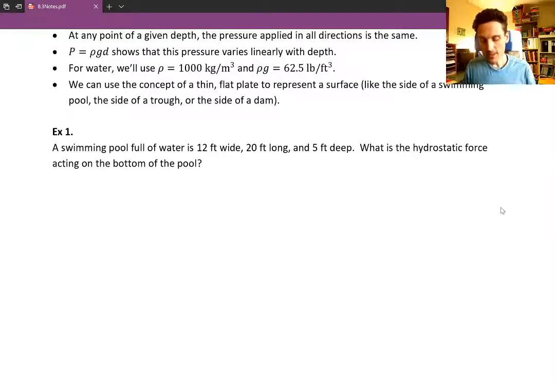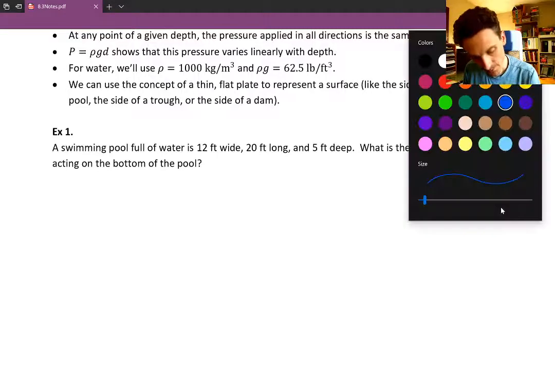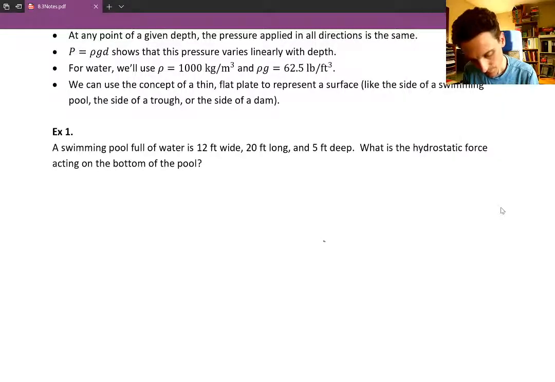Example 1 says we have a swimming pool full of water that is 12 feet wide, 20 feet long, and 5 feet deep. Let's draw a picture of that pool. Here's the bottom of the pool, that's 12 feet wide, 20 feet long, and this is 5 feet deep.